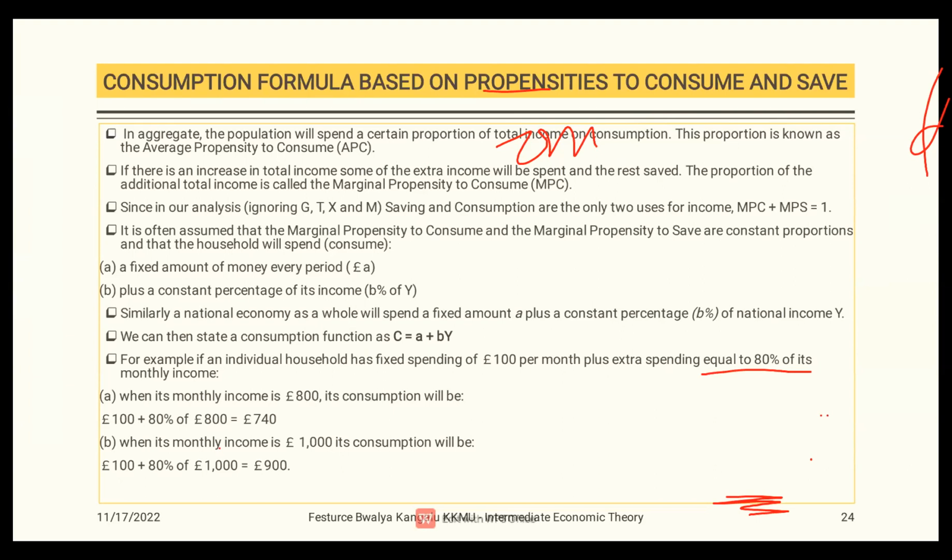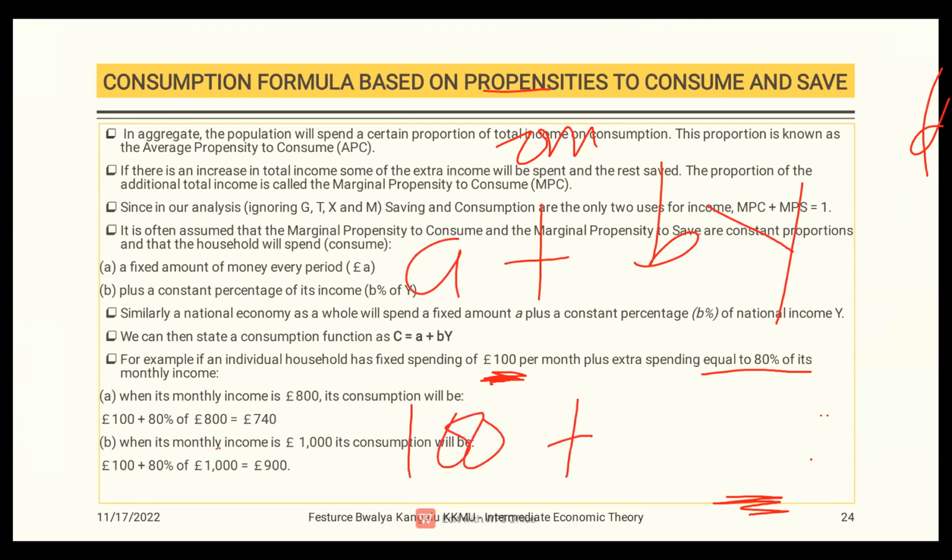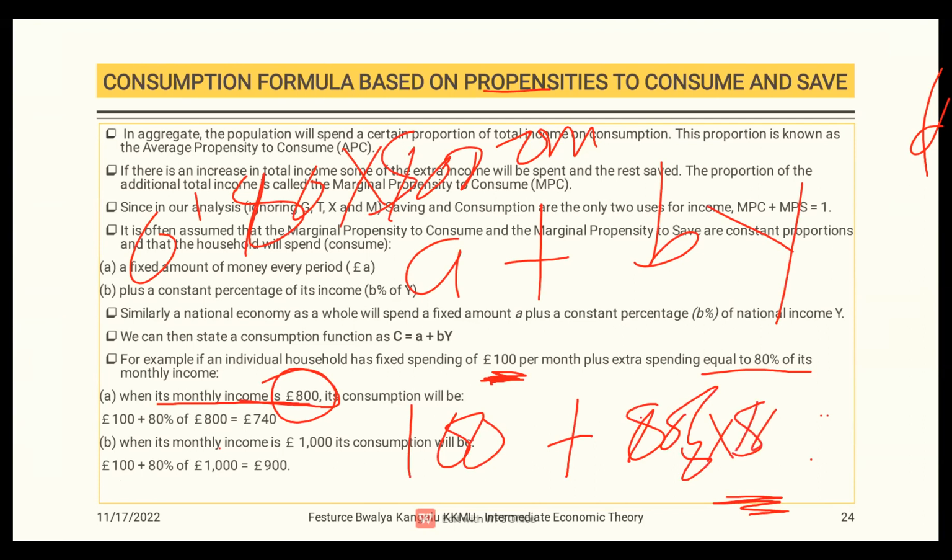So a person has some fixed spending that is not dependent on income, 100 kwacha, plus some extra spending equal to 80% of the extra income. Your Y is 800, so you add 0.80 times 800, and all you get is 740.